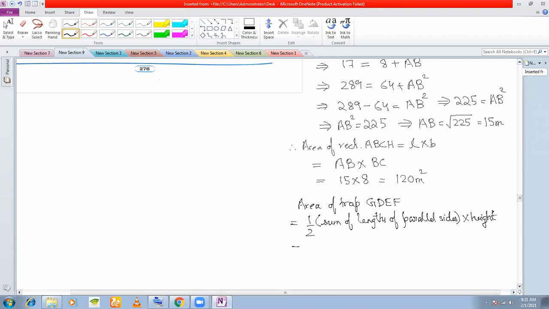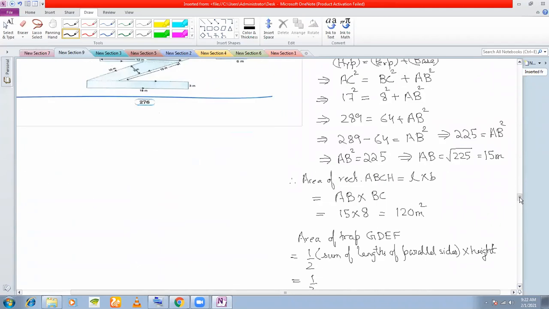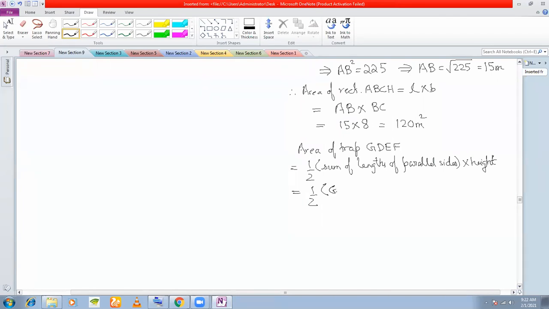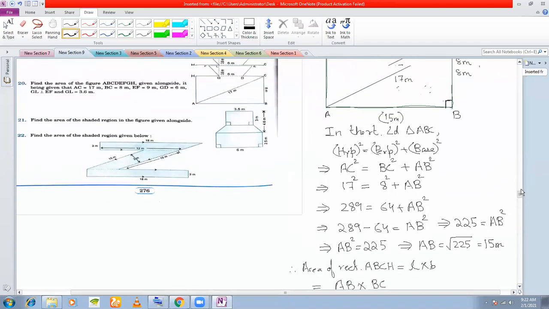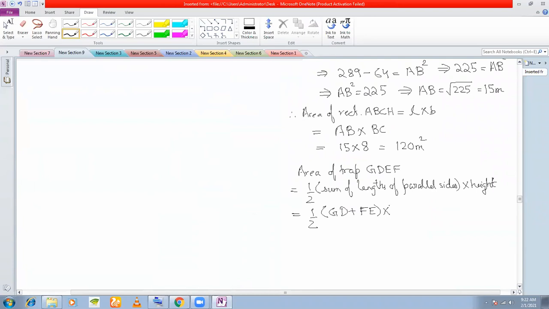And what are the parallel sides? Parallel sides are GD, this is one parallel side, GD, and this is another parallel side, FE. Right, GD plus FE into, and let's see which one is the height. The height here is GL. Right, GL.